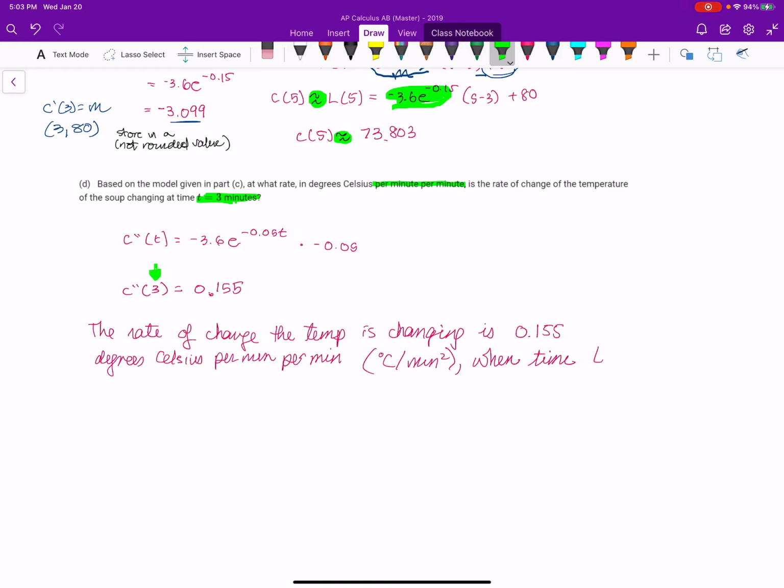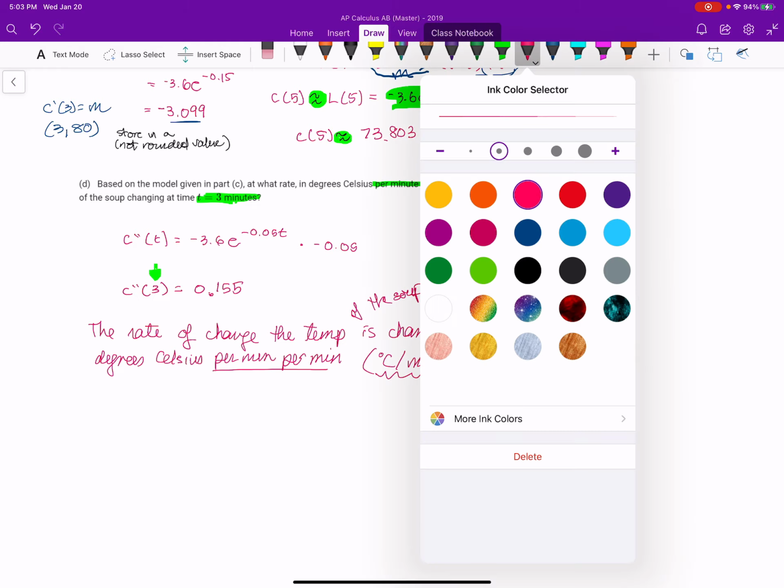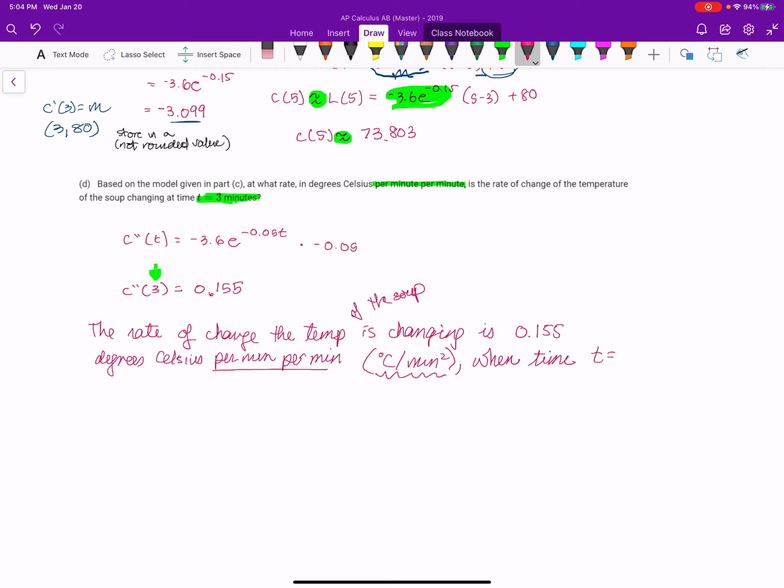Make sure you write down what the second derivative is equal to. And then the rate at which the temperature of the soup is changing is 0.155 degrees Celsius per minute, or you could write it with the units like that. When t is equal to 3, I guess that got erased. When t is equal to 3. And that's the last question.